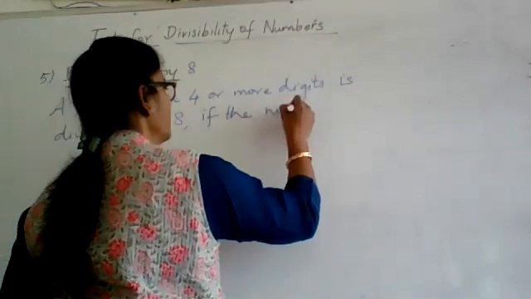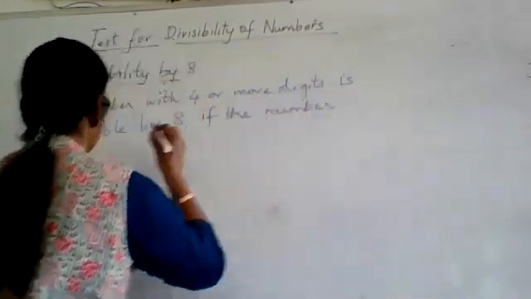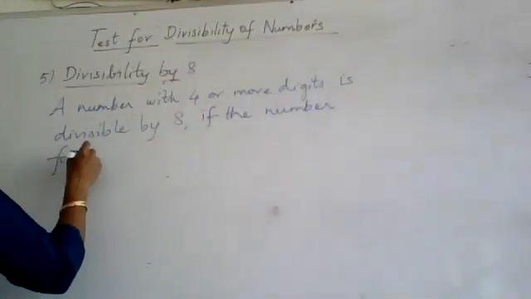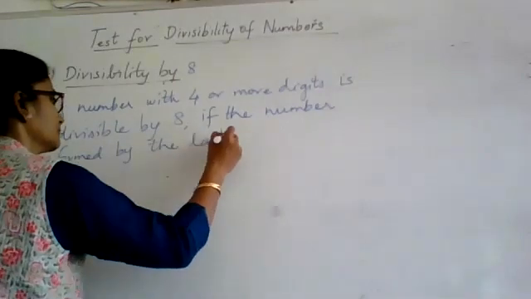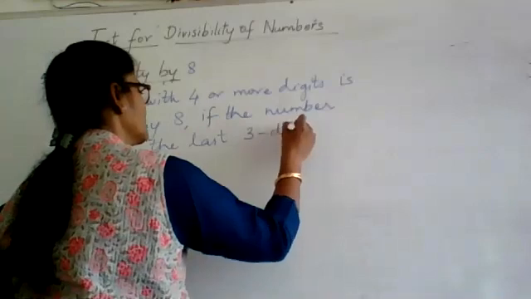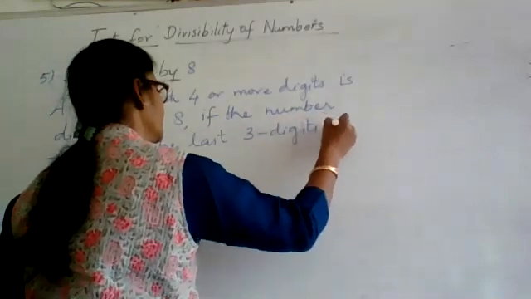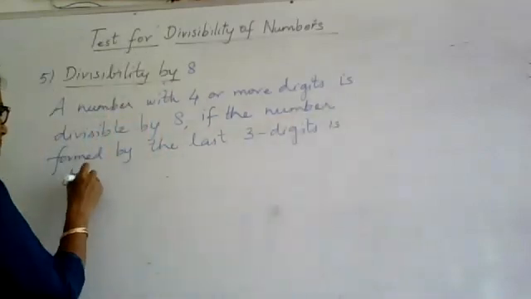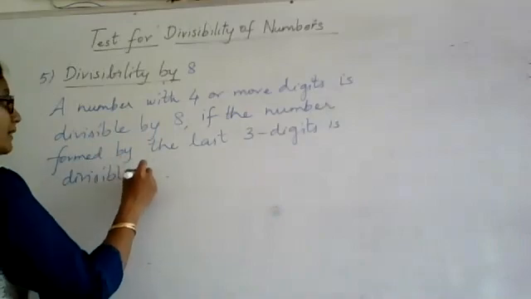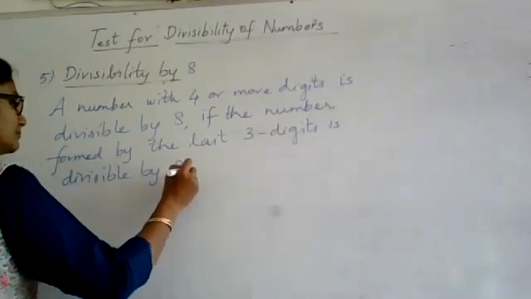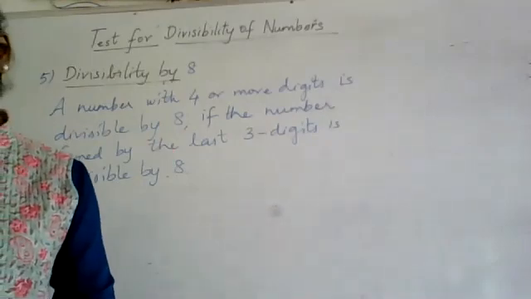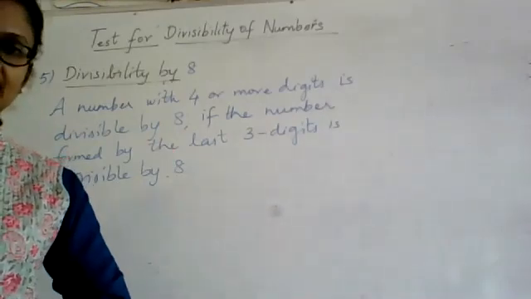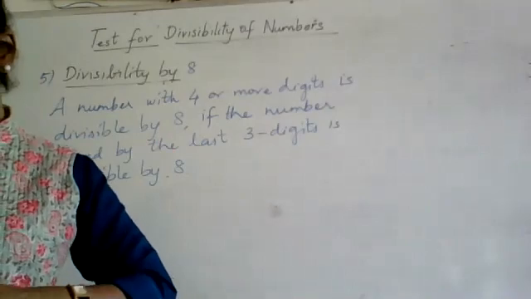If the number formed by the last 3 digits is divisible by 8. So I have to go and check whether the last 3 digits, are they divisible by 8? In that case, I can say the number is divisible by 8.